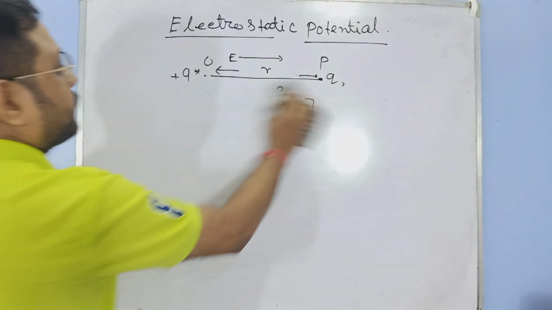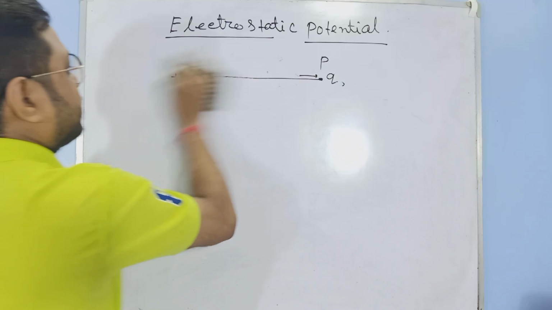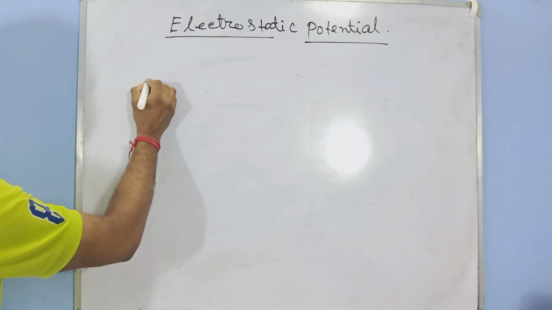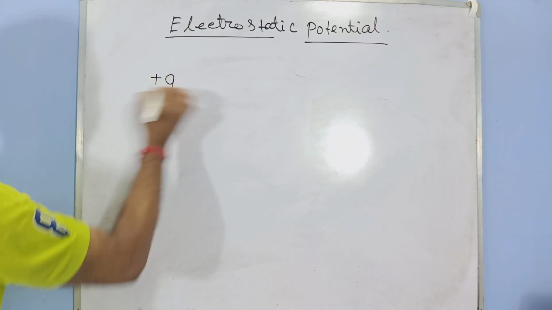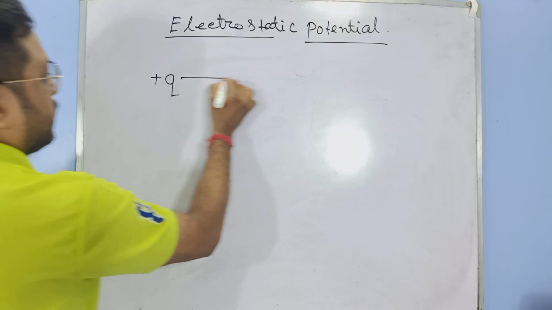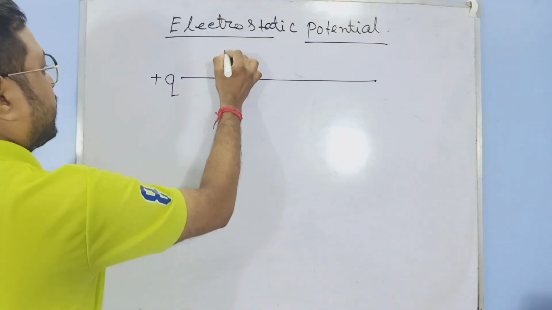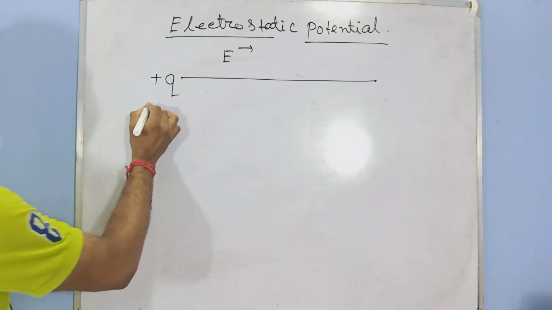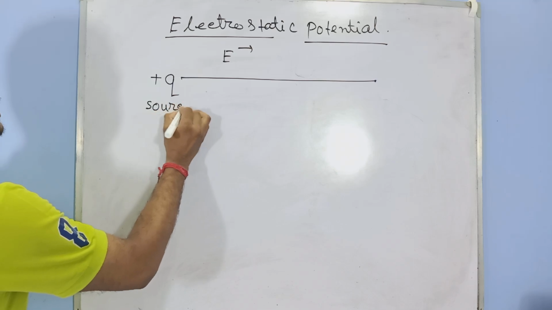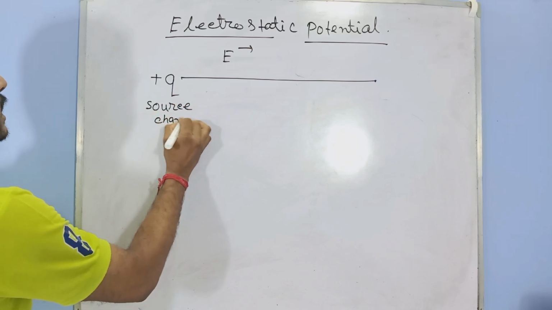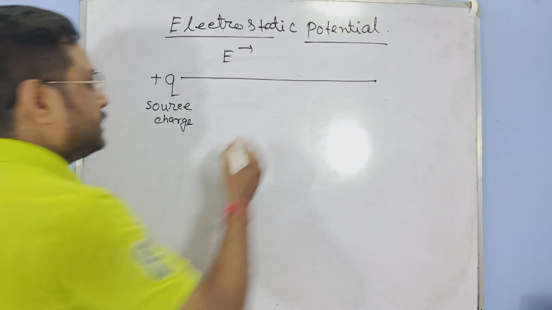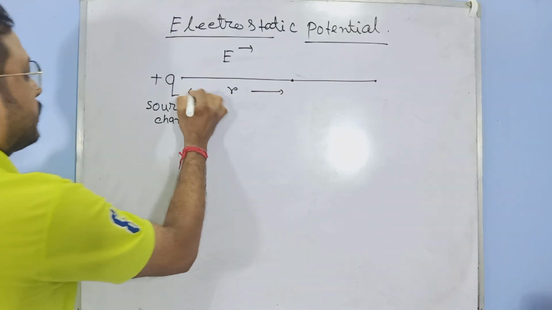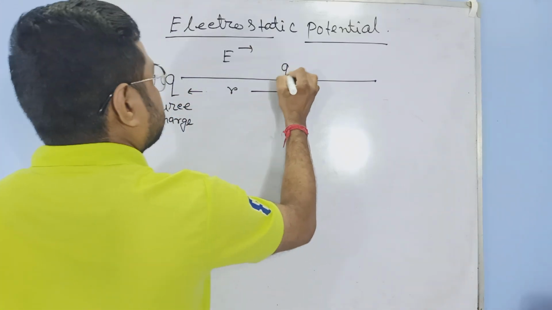The relation between electrostatic potential and electric field. Let us consider a positive source charge Q, placed in an electric field E. This is called the source charge. The positive source charge Q is placed at a distance R from a test charge Q0.